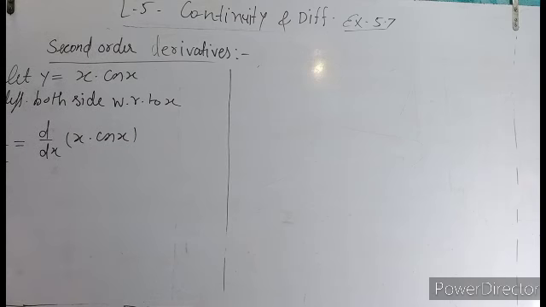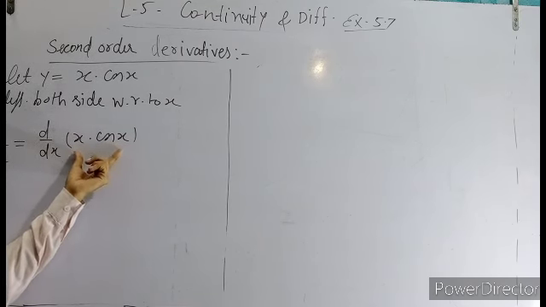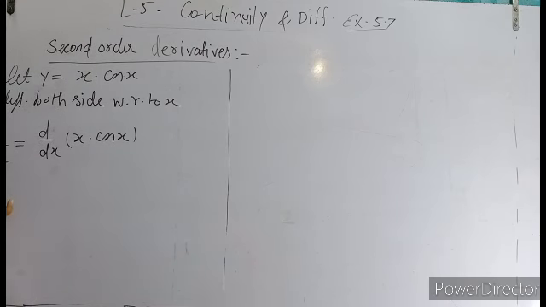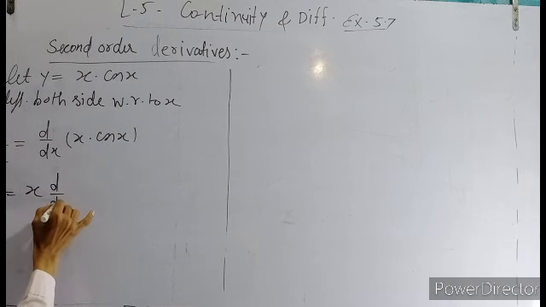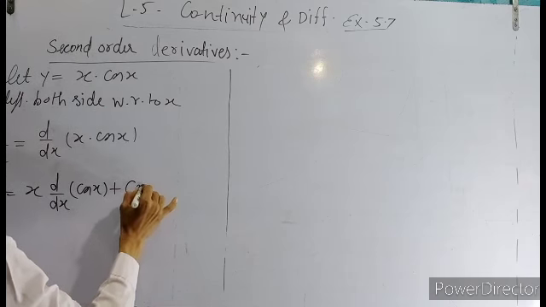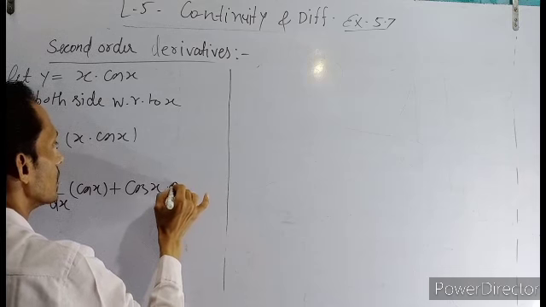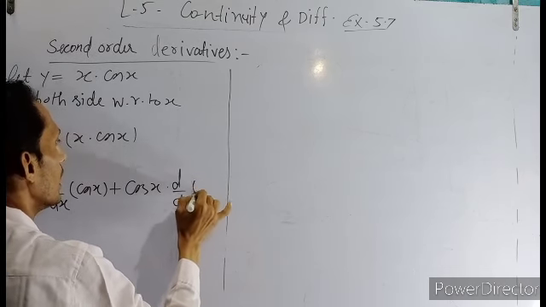So you can see that this is the product rule. We have to apply the product rule. How can we find the derivative of two functions in product? So you have to use the product rule. By using the product rule, we can find the first derivative. First as it is, second derivative, that is d/dx of cos x, plus second as it is into first derivative, d/dx of x.